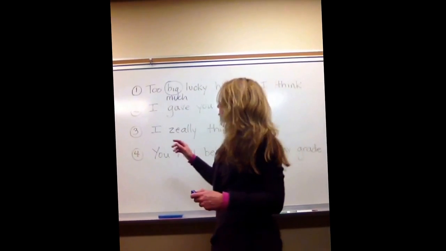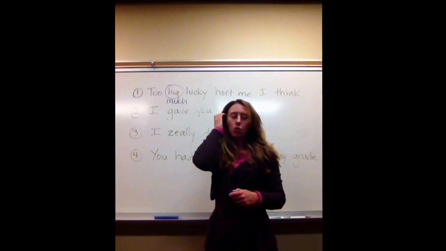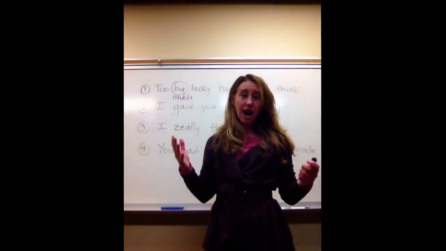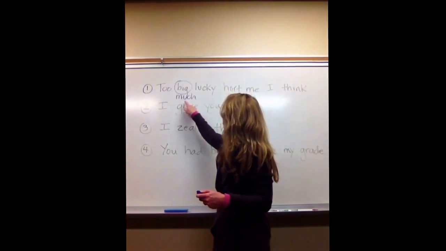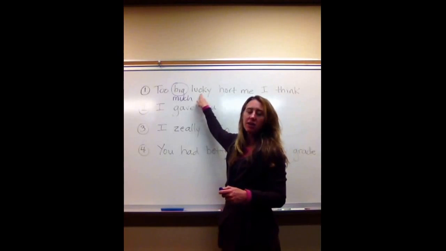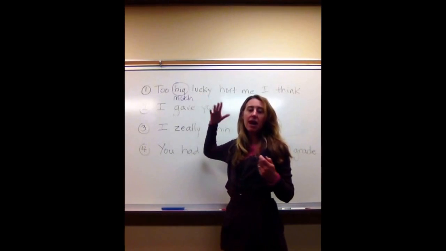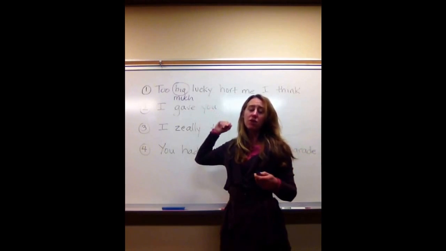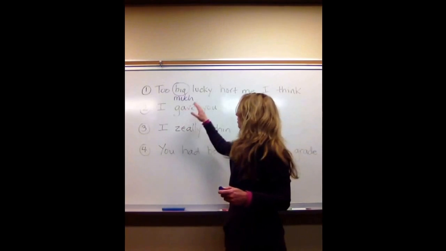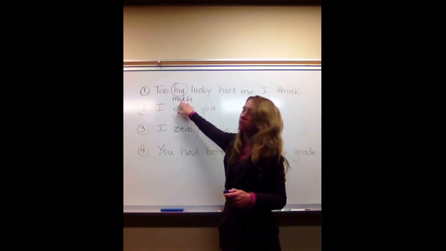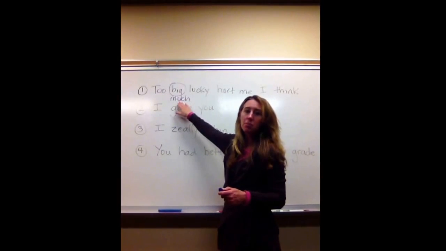We could say the dog was too big, or the book was too big, or the house was too big. But when we're talking about a non-count noun, an abstract noun like love or luck, or success, we reach for the word much.